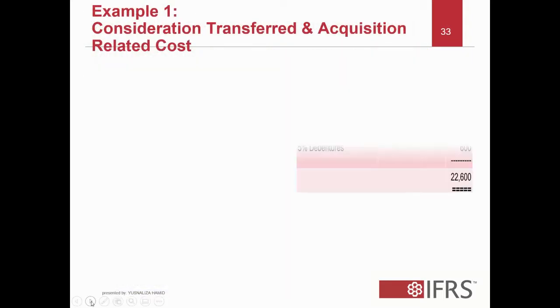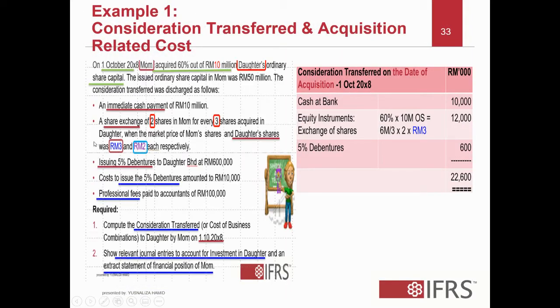So I'm going to put the question again here next to each other. If you can see here, the calculation of consideration transferred is our focus. So we're going to calculate that as happened on the date of acquisition.